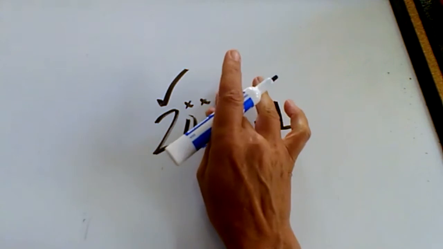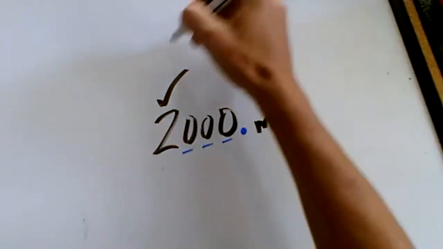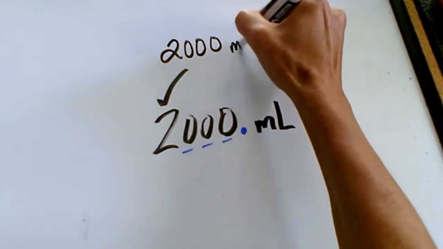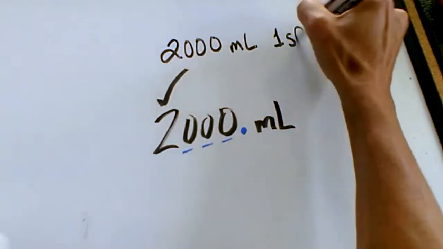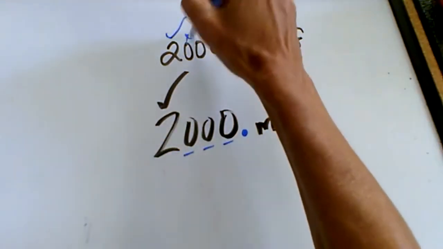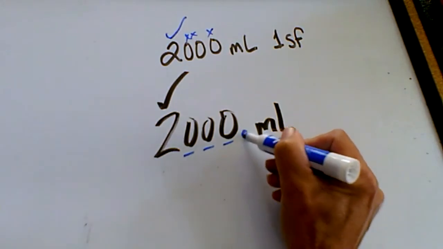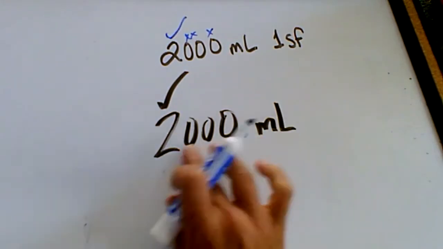I've gone from a number at 2,000 milliliters that had 1 sig fig, right? We just talked about it, to a number that is 2,000 decimal point milliliters.